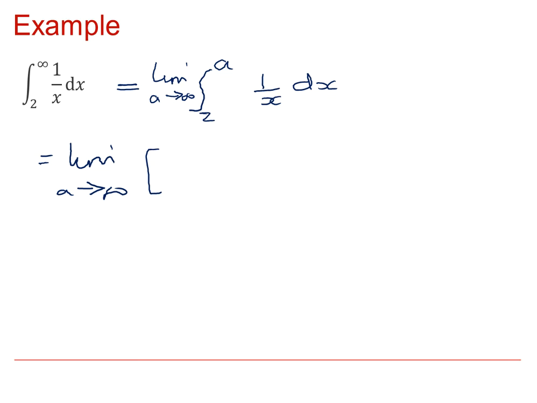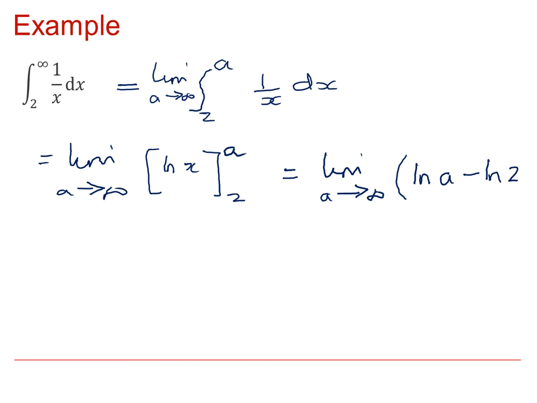Here, 1 over x integrates to the natural log of x. Which leads us to looking at, as a tends to infinity, the natural log of a minus the natural log of 2.